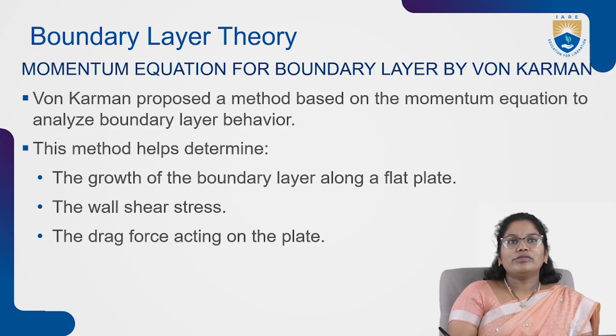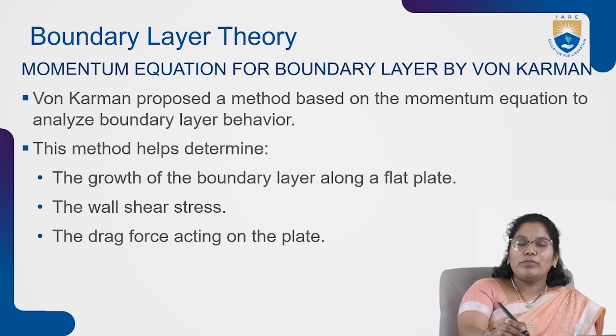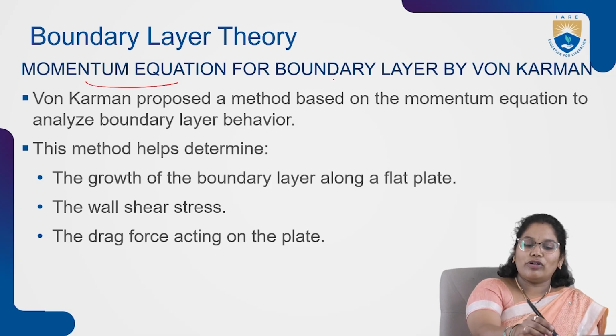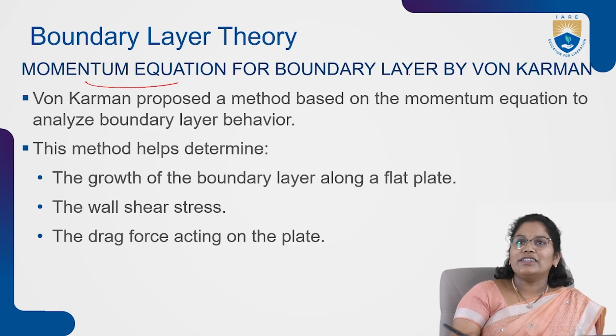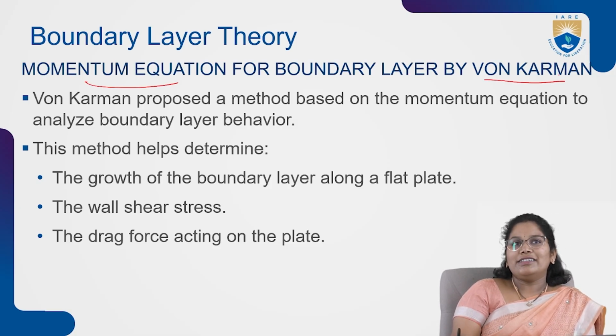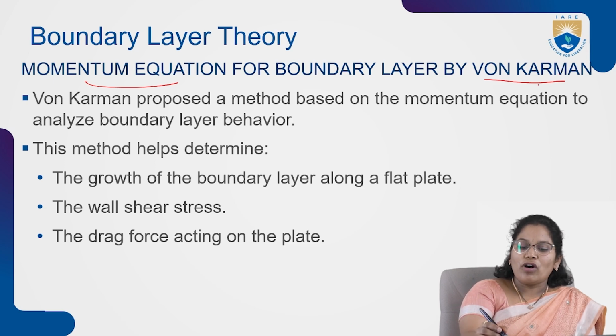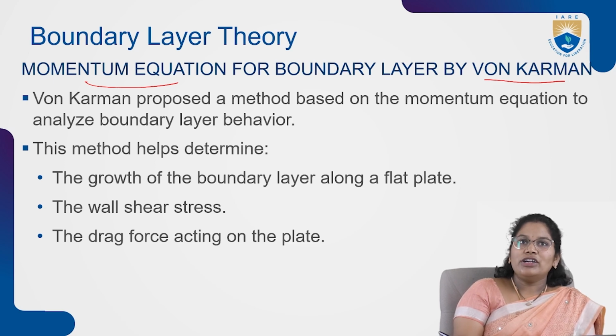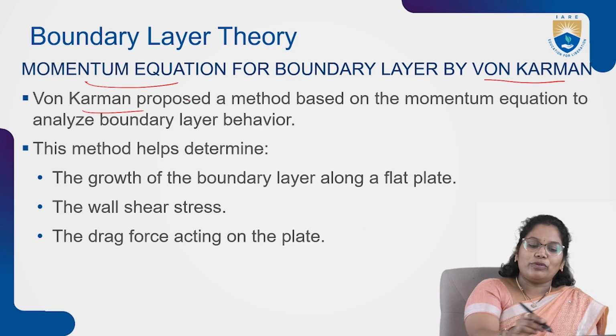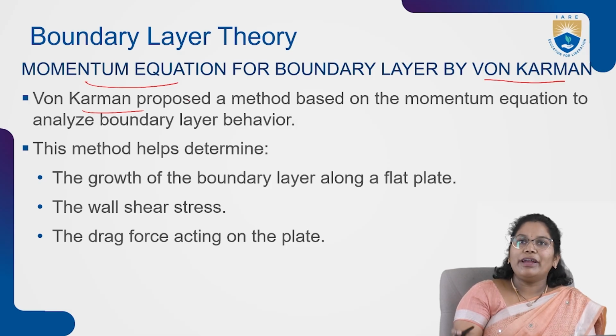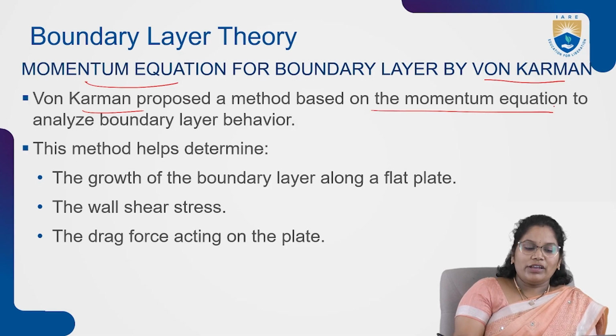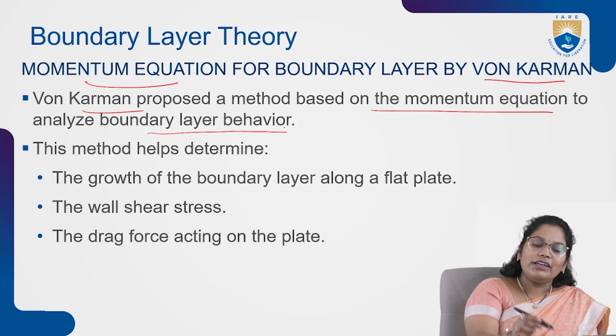So now here the momentum equation for boundary layer. This equation is given by von Karman, and it is also called the von Karman equation, right? Von Karman has proposed a method based on the momentum equation to analyze the boundary layer behavior.